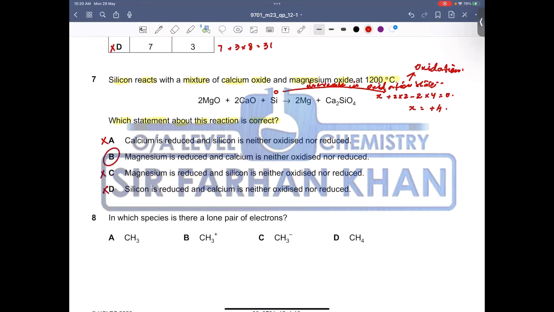Now let's talk about B. Why is it correct? See guys, magnesium over here has a charge of 2+, and over here it is 0. So magnesium is getting reduced. +2 to 0 is basically reduction.